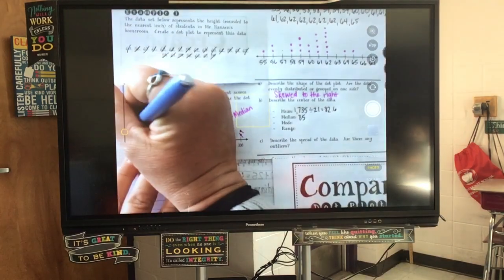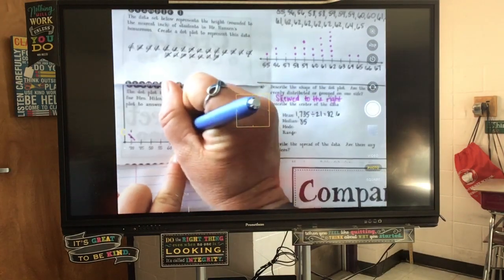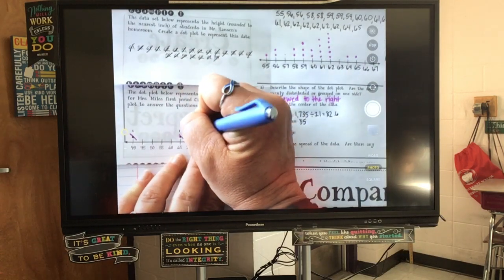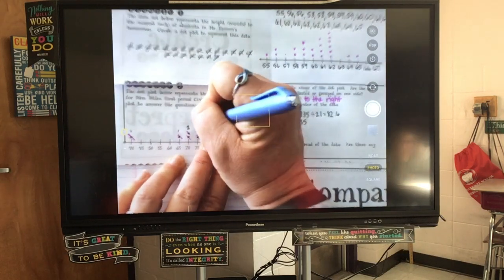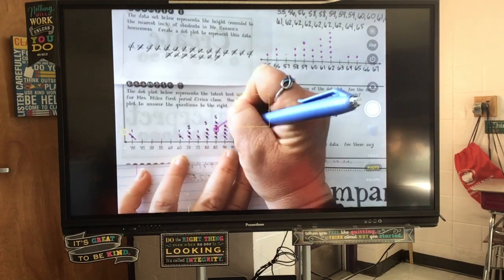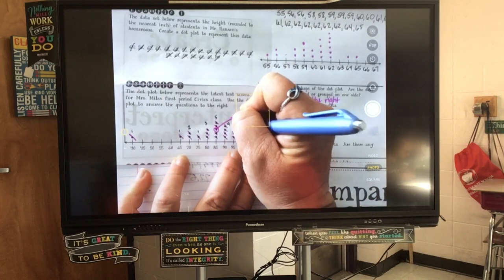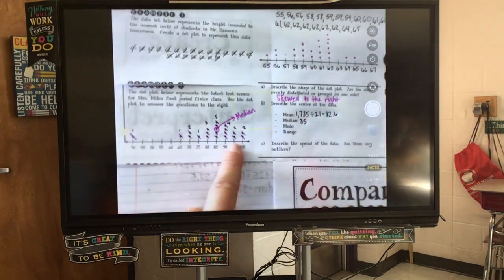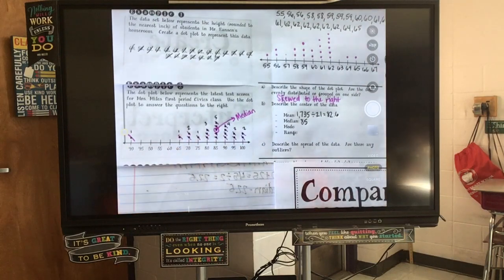Okay, so I have 140, I have 165, I have 270s, 175, I have 380s, 5 85s, 4 90s, 2 95s, and 2 100s. So Andrew, I have 1, 2, 3, 4, 5, 6 modes.